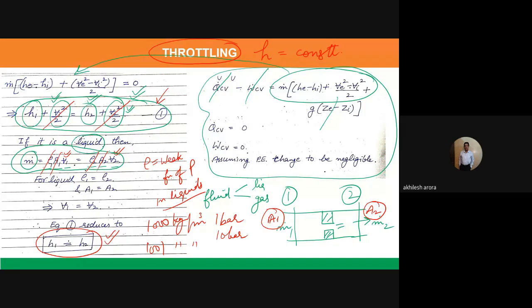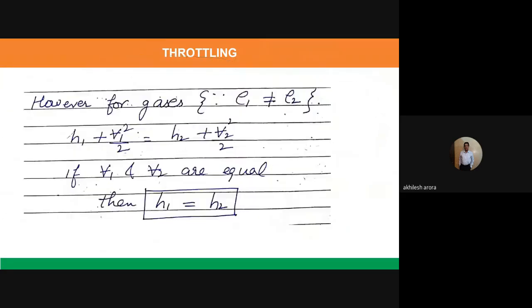Now in case of gases, what will happen? I can write rho 1 A1 V1 is equal to rho 2 A2 V2. In case of gases, the pressure has an effect on density. So if the pressure P1 is greater than pressure P2, then the density rho 1 will be large in comparison to rho 2.